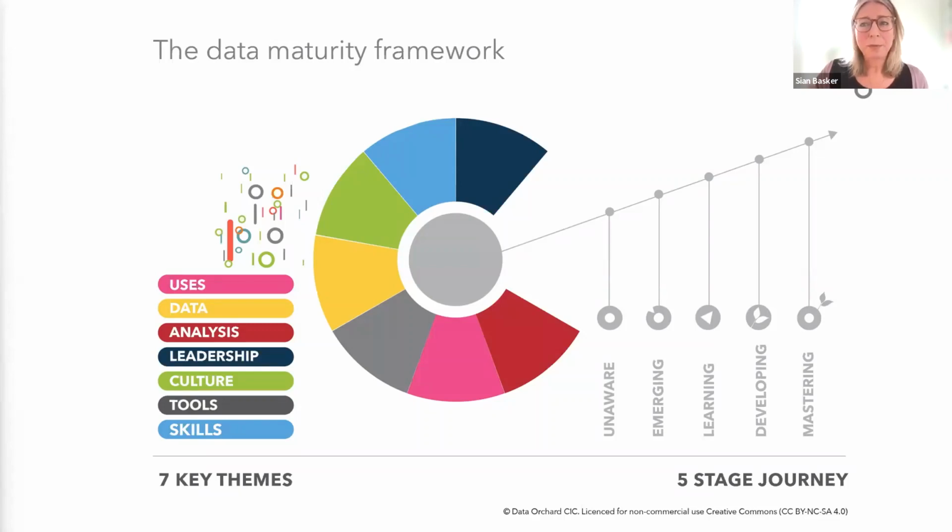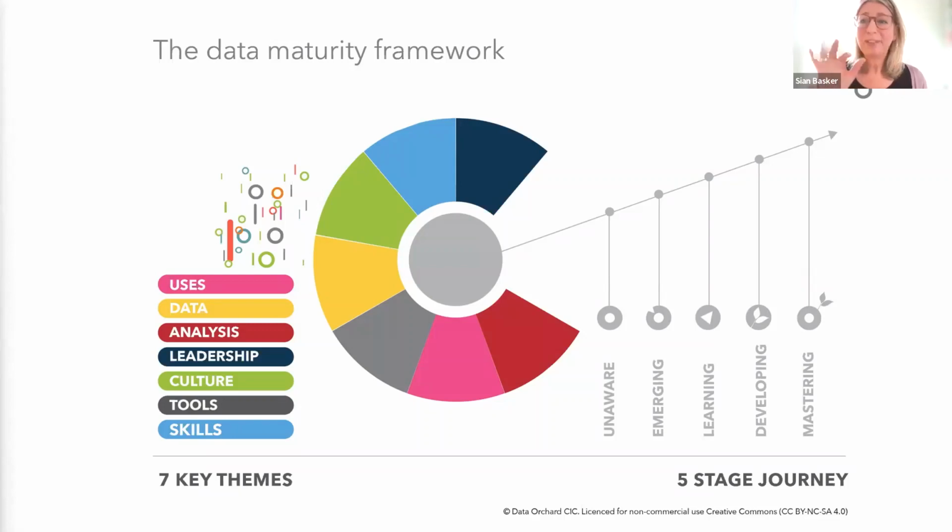A couple of them are very much about purpose, so the reasons and the applications that you use them for in your organisation and the rewards and benefits that they bring, and also the analysis in terms of what kind of questions you're asking of your data and what kind of insights and information that's presenting back.